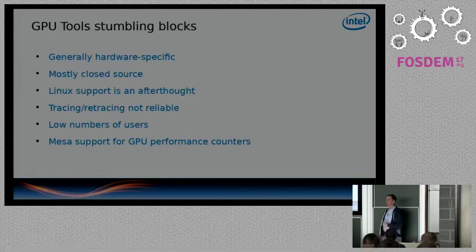So a little bit about GPU tools and why you don't really have very many good solutions in the Linux space. In general, when you have GPU tools, there's a graphics card vendor that understands it's very difficult to find out performance bottlenecks or what's happening on the GPU. They've funded some tools specific to their own hardware to help developers or their own driver team figure out the performance profile of specific applications, but they are very reluctant to enable the same capabilities for their competitors.